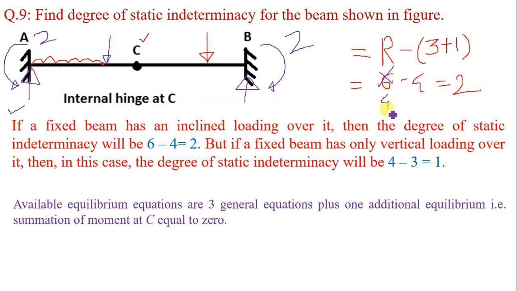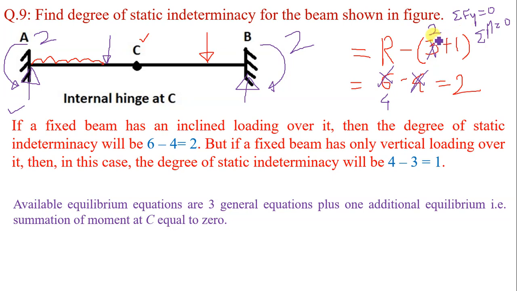Now the available equilibrium equations: since there are no horizontal reactions, only 2 equilibrium equations we should consider, namely summation Fy is equal to 0 and summation M is equal to 0.